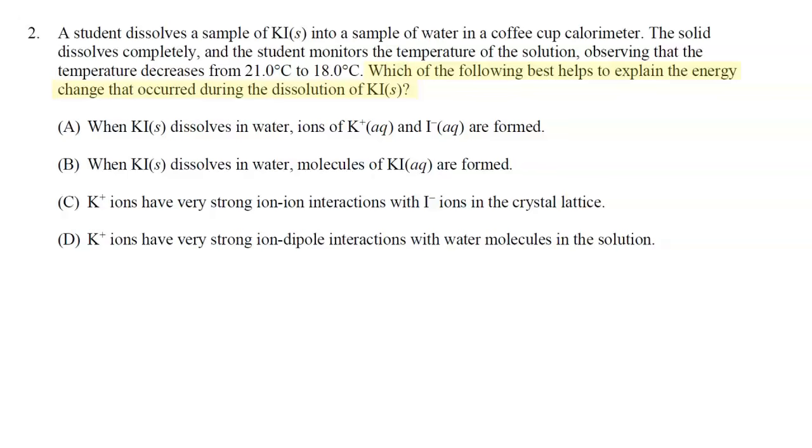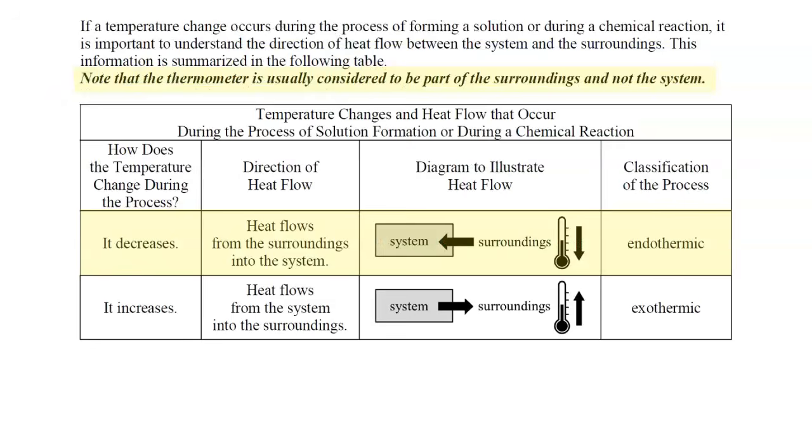So unlike question 1, in which the temperature increased when the two solutions were combined to form a chemical reaction, here we can see that the temperature actually decreases during the formation of a solution of potassium iodide. So it's not an exothermic process, as we saw in question 1. It's going to be an endothermic process.